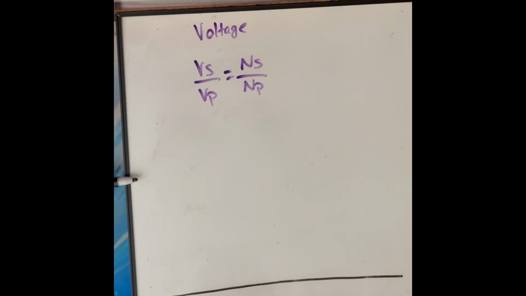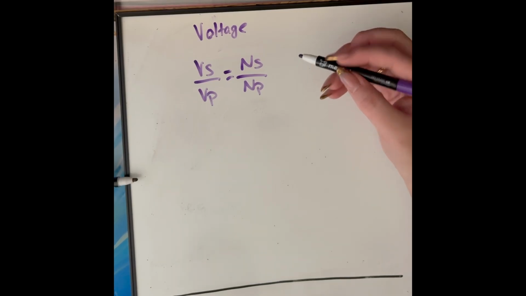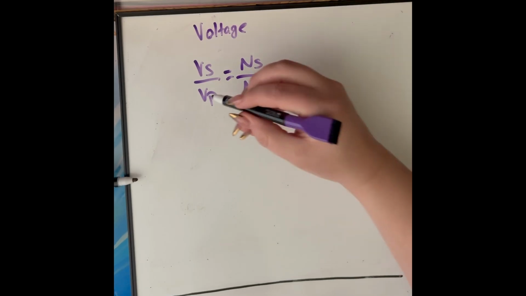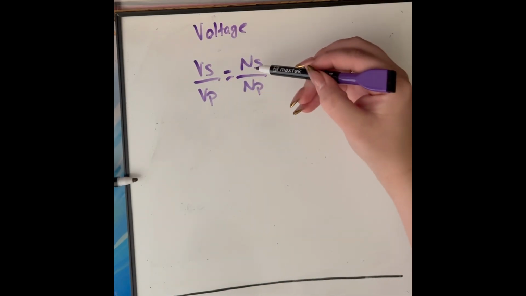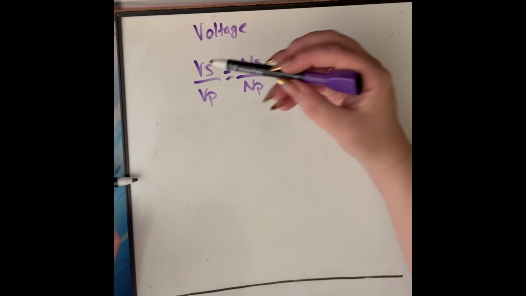Now on your PowerPoint, you also might have one where these are upside down. On slide 62, it actually has your P's on top and your S's on the bottom. This one is a direct law, so it doesn't matter.